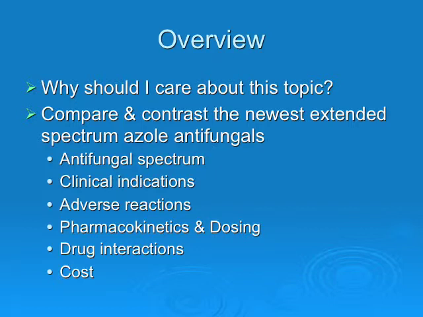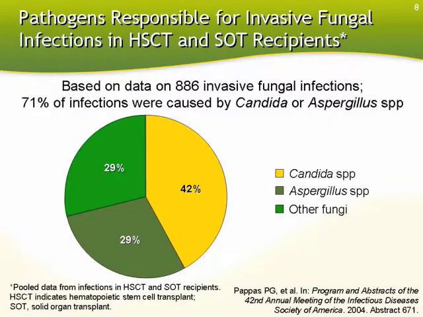We'll talk about the antifungal spectrum, their clinical indications, the adverse reactions that we most commonly encounter or that are most significant, and some pharmacokinetics and dosing, but only where it's really important in patient care. I'm going to avoid anything esoteric or that doesn't make a difference on a day-to-day basis. We'll talk about some of the drug interactions, and very briefly, I have a slide on cost.